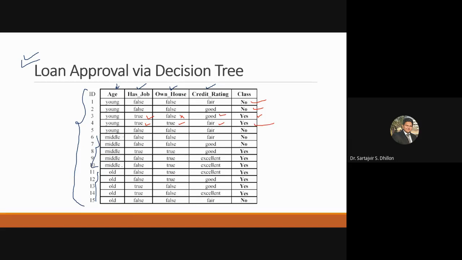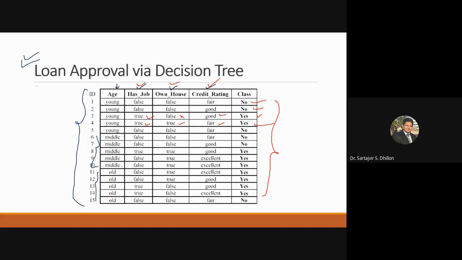There are several cases. How can we train a computer to decide by inputting the job status, home status and credit rating? Then it will automatically tell you whether you are able to get the loan or not.